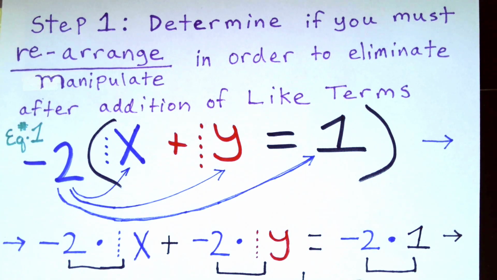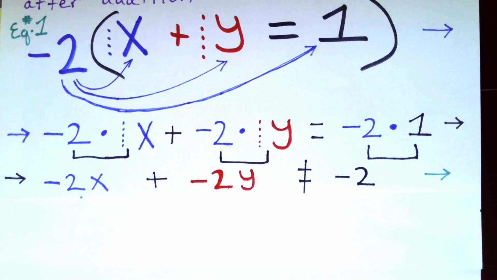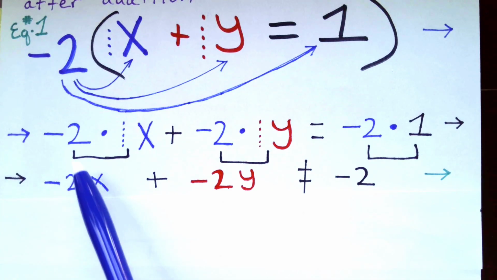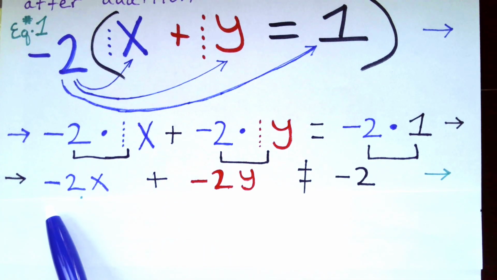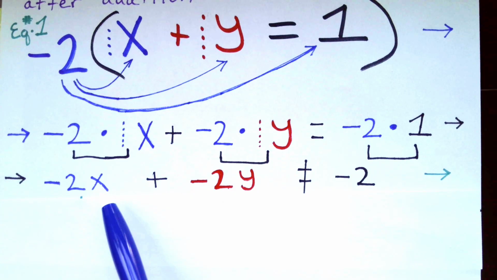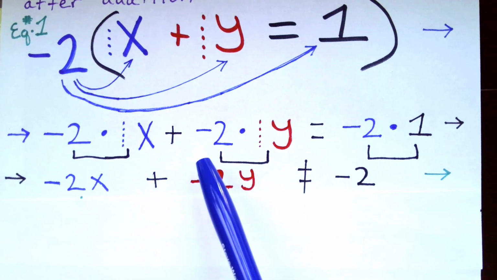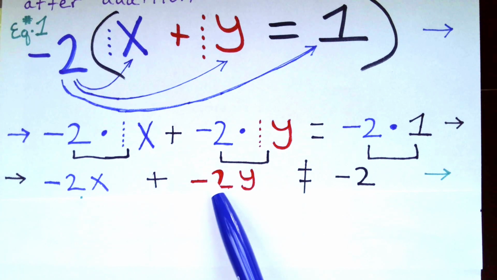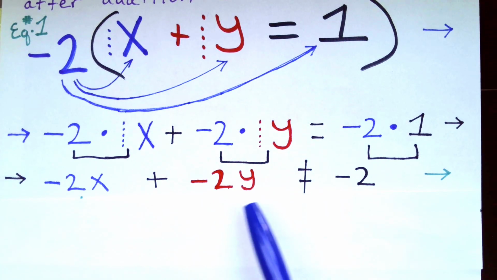Let's go ahead and simplify that a little bit further. You can see here that negative 2 times a positive 1 is a negative 2. It's attached to the x through multiplication, so it's a negative 2x. Plus, negative 2 times 1 is negative 2, but it's attached to that y through multiplication, so it's a negative 2y.